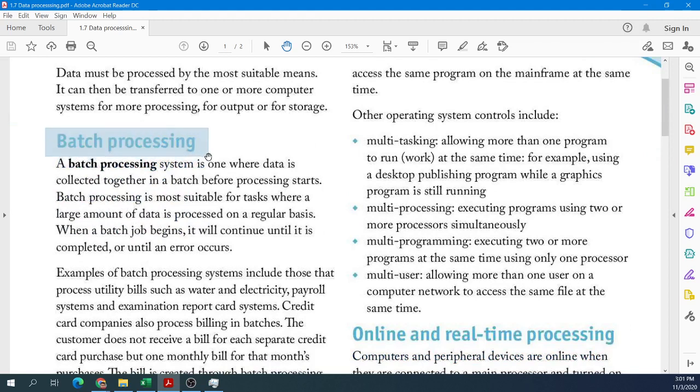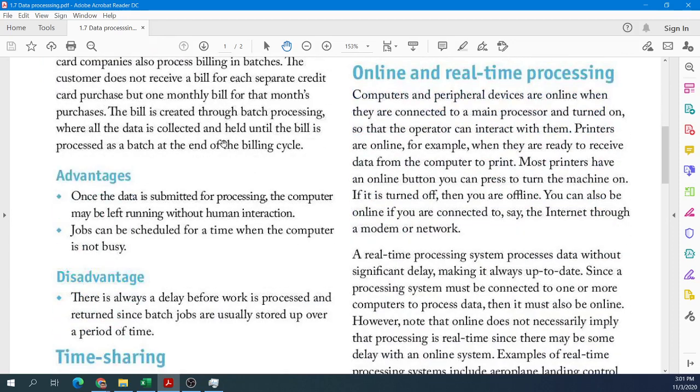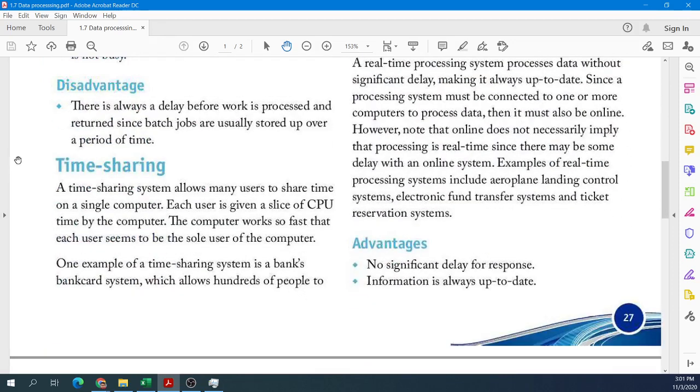We looked at batch processing, which waits on a certain period or a certain amount and then processes that data. We looked at time sharing, which can use a single device, a single computer, a single CPU, and share it with multiple users.